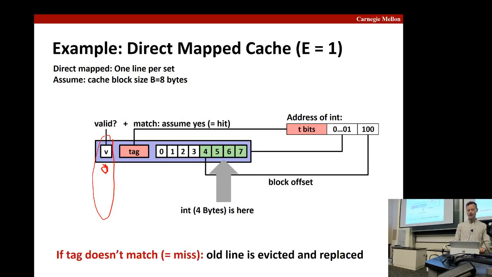Okay. The opposite is if either the valid bit is not set or the tag doesn't match. That'll be a miss. And in a direct map cache, you've got to make space for the new thing in here. So you always evict what's there. There's only one choice of what to evict, and you replace it with the new data that you fetch from memory.